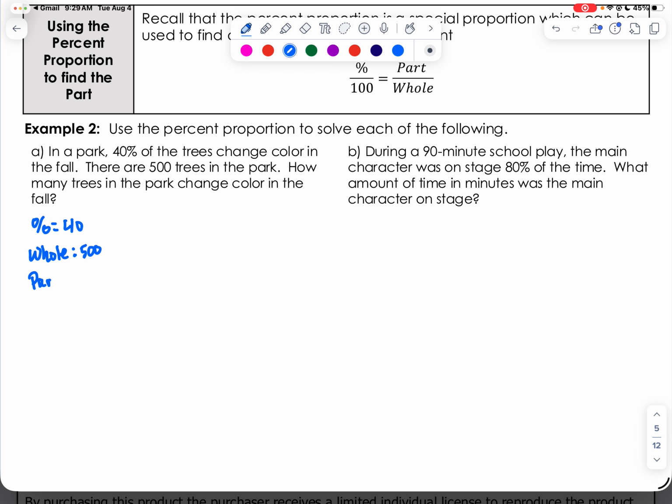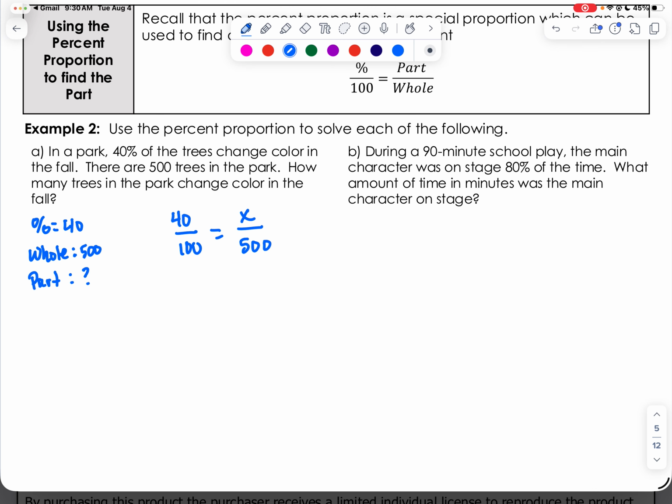We do not know the part. We're trying to find out how many of the 500 trees, that's the total, will change color. So we're going to say 40 over 100 is equal to X over 500.